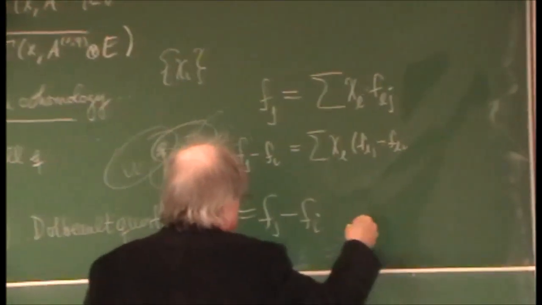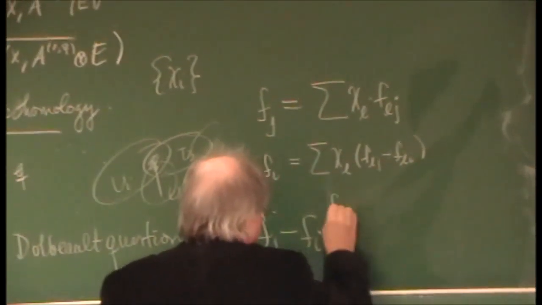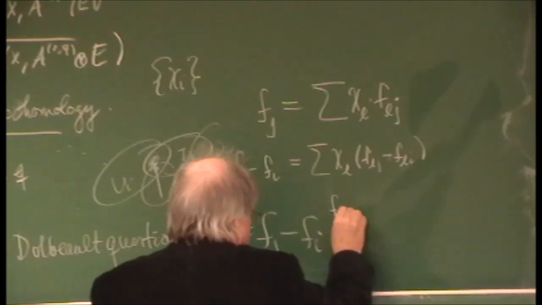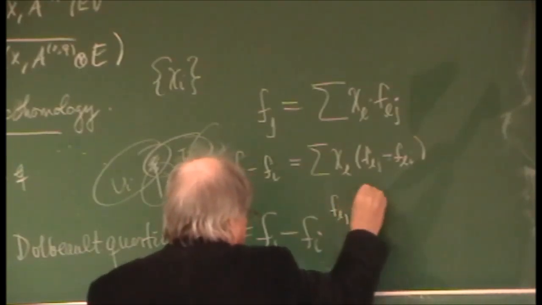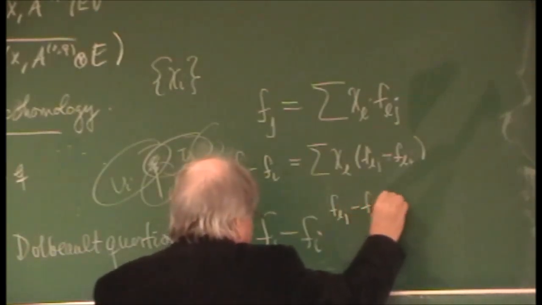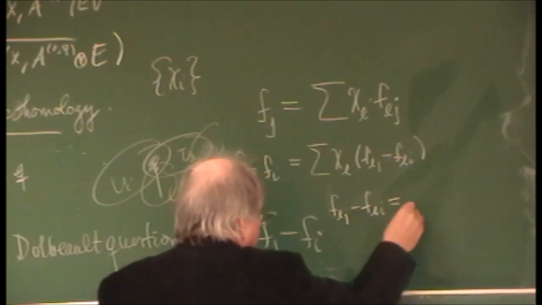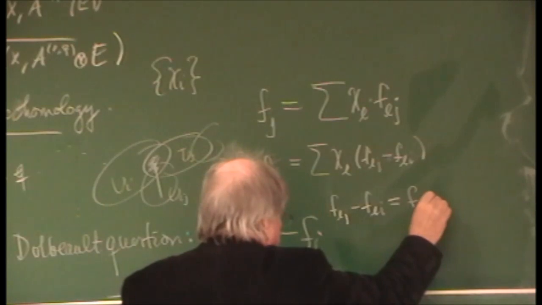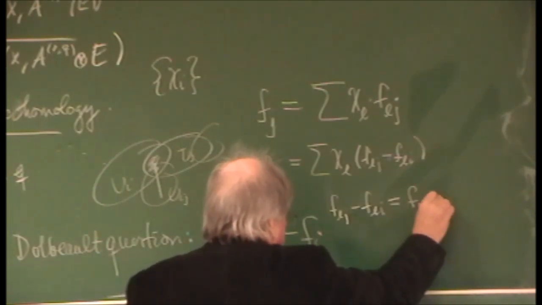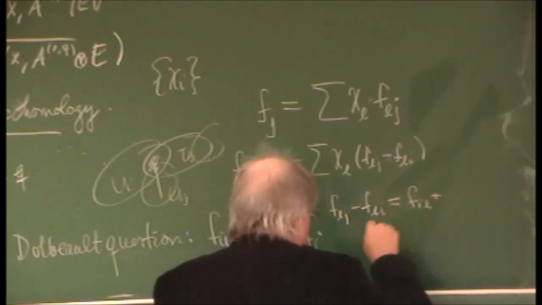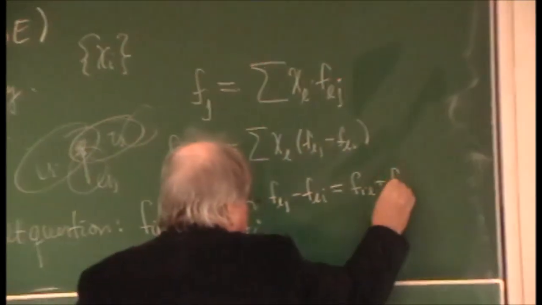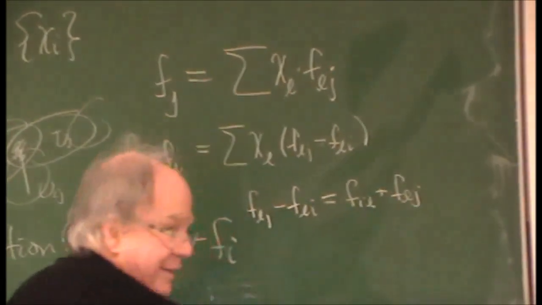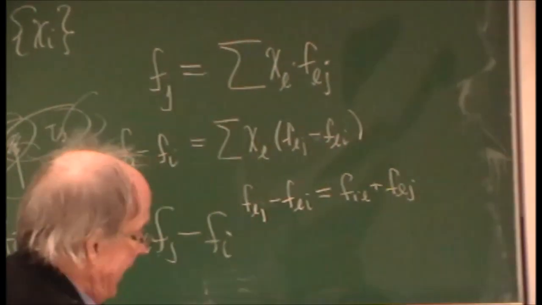Now, Flj minus Fli equals, I'm going to twist this around, Fil plus Flj.